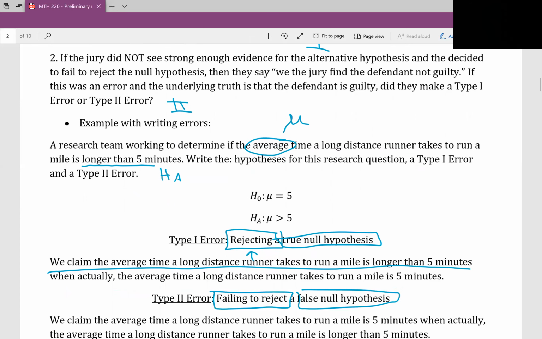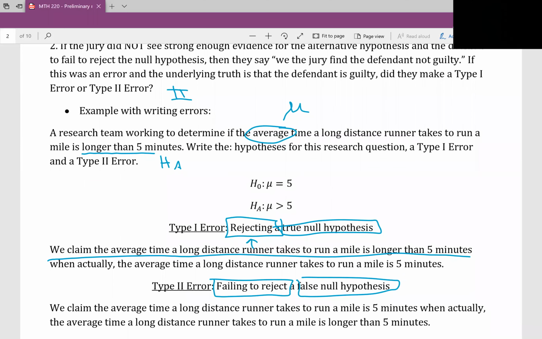Failing to reject means that we claim the average time a long distance runner takes to run a mile is 5 minutes. So failing to reject H0 means we're just sticking with H0 for right now.